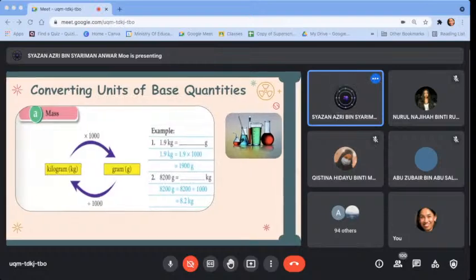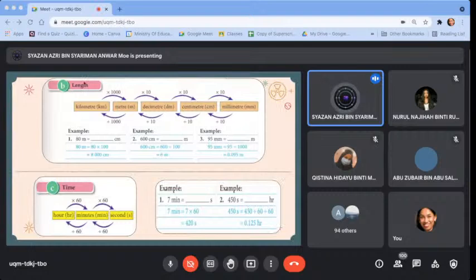So this is an example for length. There are 5 types of measurements. The largest is kilometer and the smallest is millimeter. From a large unit to a smaller unit, we need to multiply the number. But oppositely, if we are converting units from a small to a large unit, we need to divide the numbers.